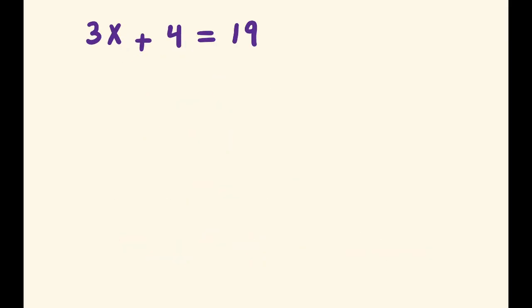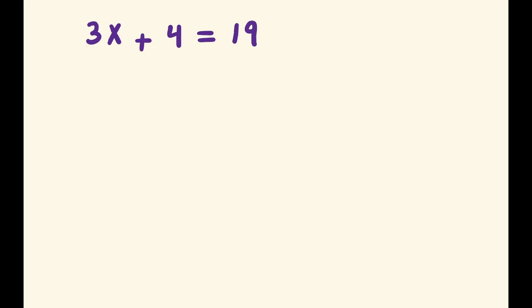Let's solve our first linear equation. We start with 3x plus 4 equals 19. Okay, the variable term, which is 3x, is not isolated because here we have a positive 4 on the left-hand side.